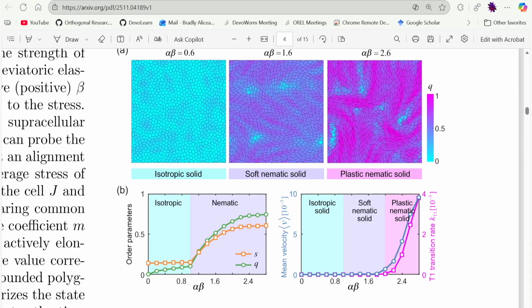Then towards the end of the soft nematic solid regime and going into the phase transition with the plastic nematic solid, the order parameter increases along with the shape anisotropy. So you see these two things happening simultaneously, and that's how you see these patterns with a high Q value, a high order parameter value.